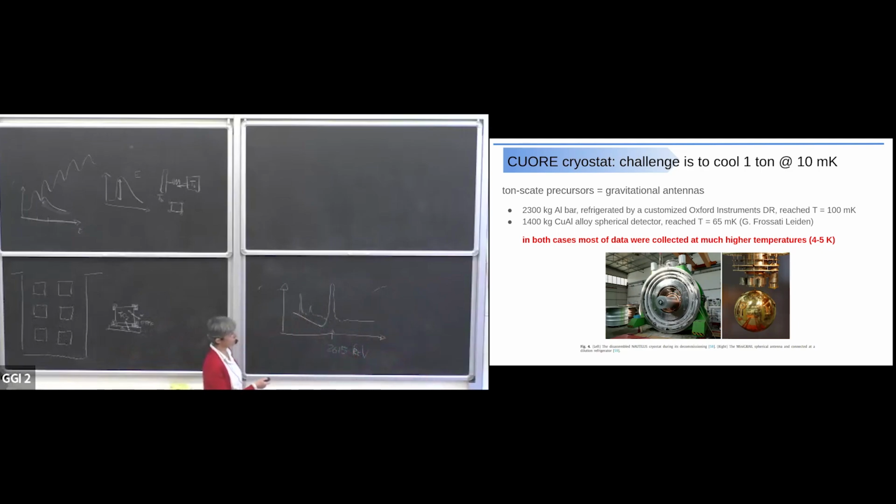The same happened for a smaller cryostat and a smaller antenna, that is this one, that reached a bit lower temperature, and again, it was operated mainly at much higher temperature.